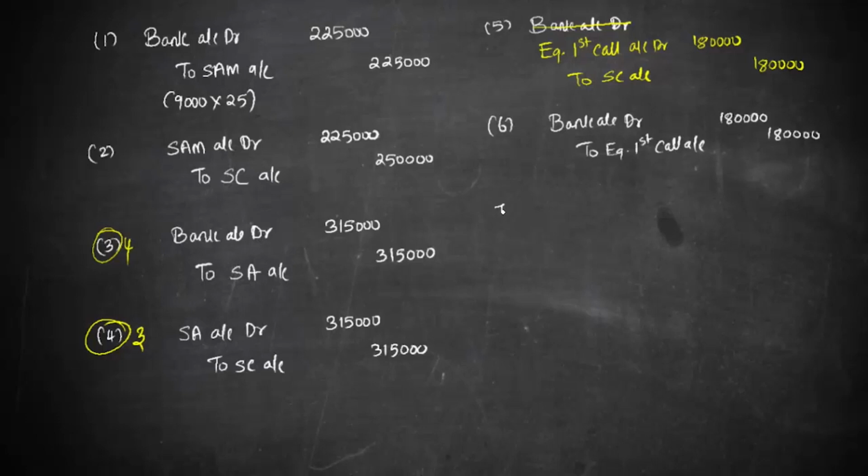Then we'll go to the seventh one, that is the second and the final call. We'll pass the due entry, equity second and final call account debit. And what was the amount?